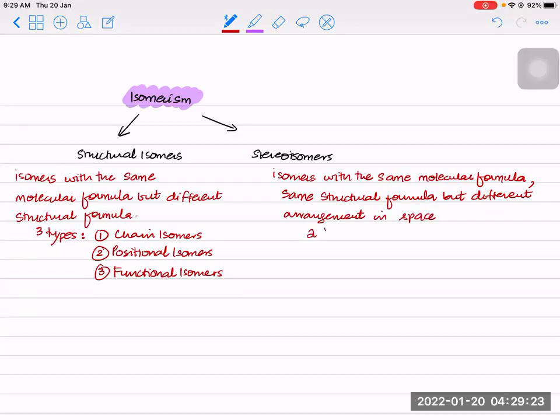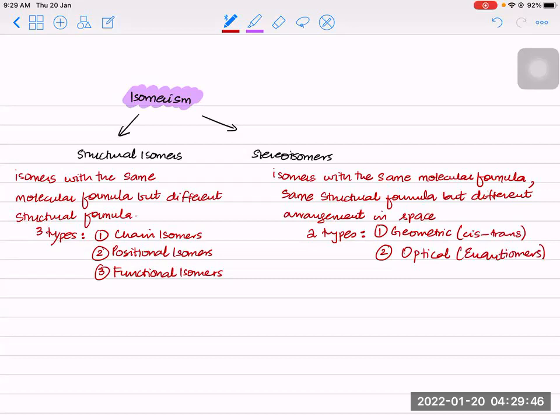There are two types of stereoisomers. You have geometric or cis-trans isomers. And there's a second type, which is optical isomers, also known as enantiomers.